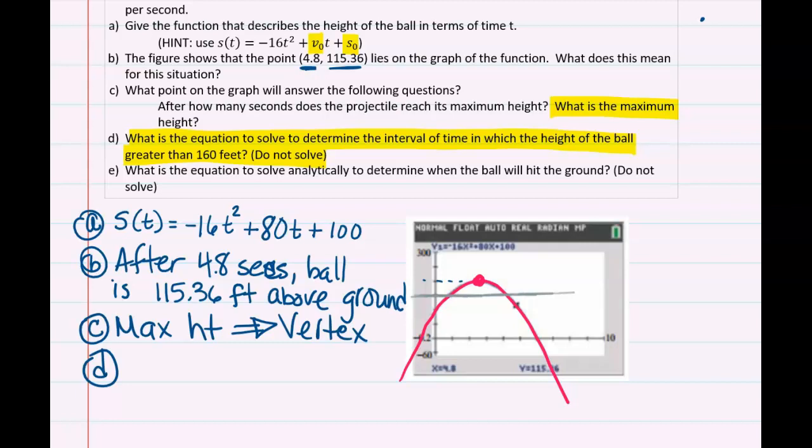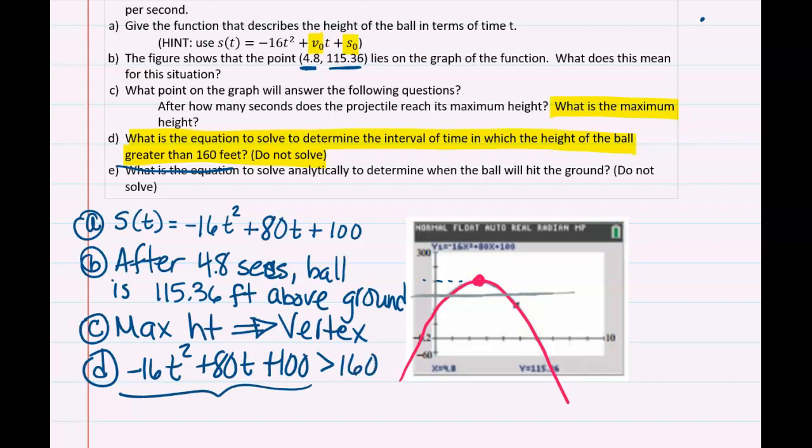Well, we know we have our equation of negative 16t squared plus 80t plus 100, and remember that's height. So we want that height to be greater than 160. So we want this height of my ball to be greater than 160 feet. So that's what we would be solving.